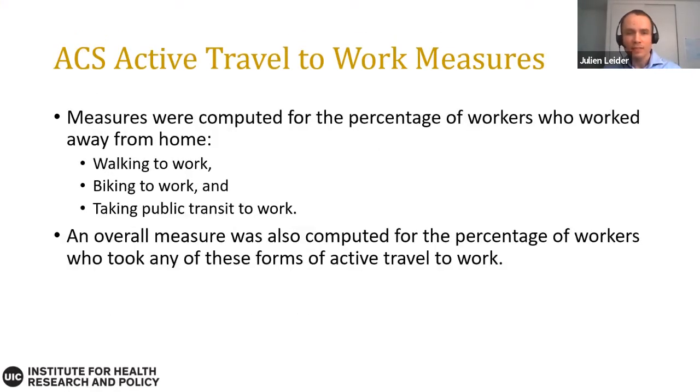For this analysis, we computed measures of the percentage of workers who walked to work, biked to work, or took public transit to work, as well as an overall measure of the percentage of workers taking any of these modalities to work.